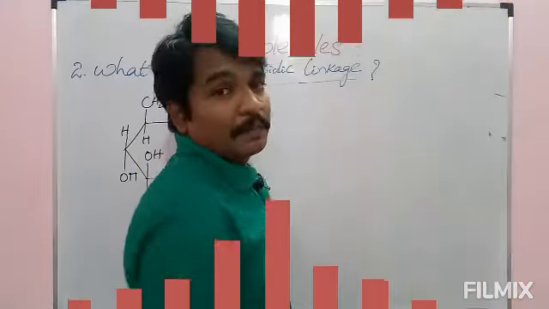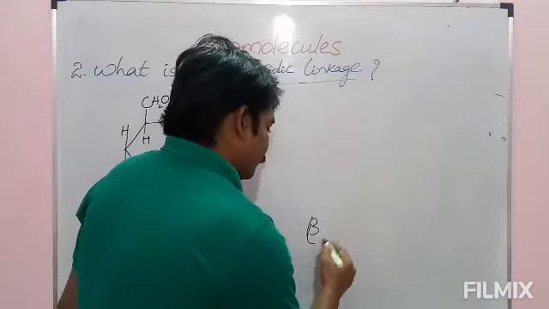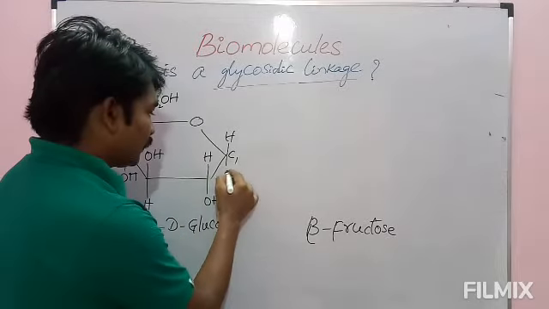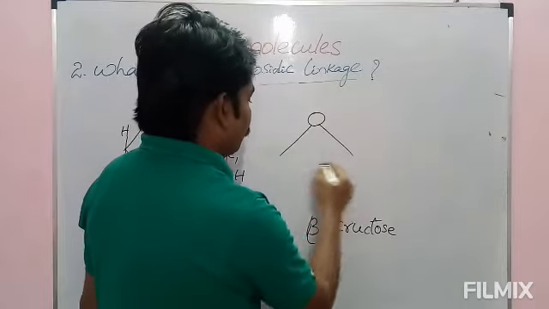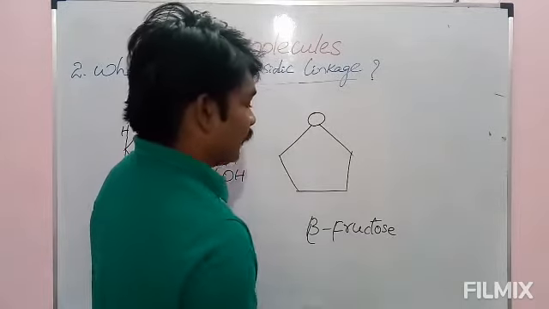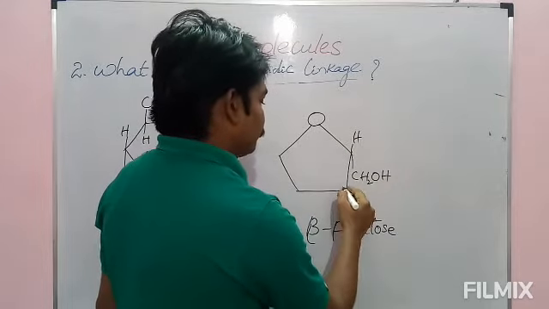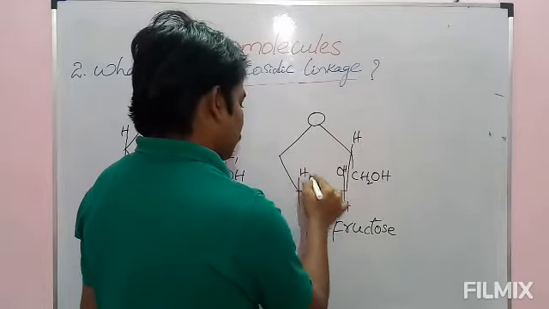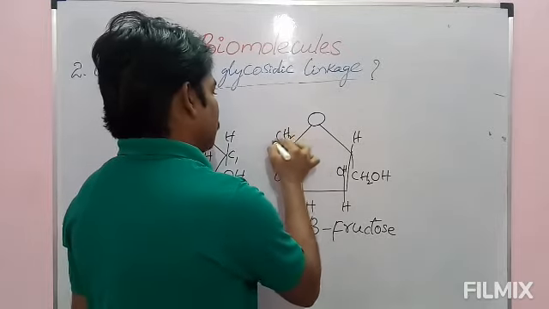Now I am taking beta fructose to join with alpha D-glucose. OH is there here. And if you take beta D-fructose, here HCH2OH, OH, H, HOH, OH, CH2OH.